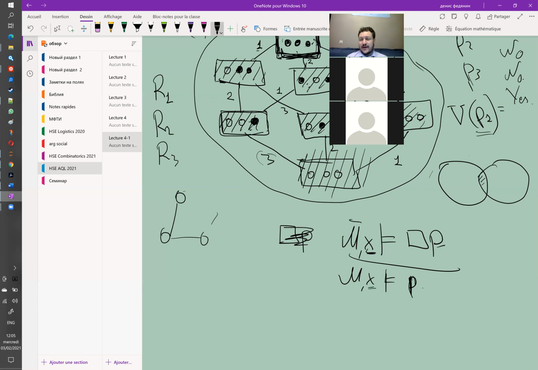It's like saying that if it is true in the world X in Chicago, in all possible variants of Chicago, that in this variant of Chicago, P is true. And if we write this, it means that it's true. If we write this, it's true that it's not P. So it's true the opposite.